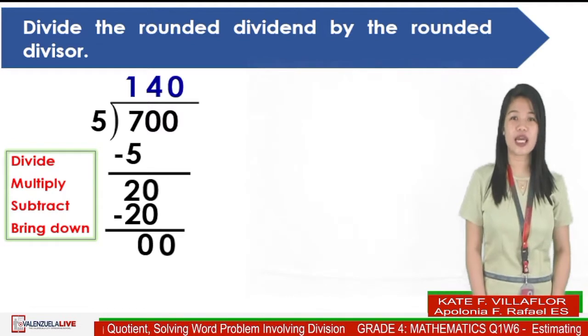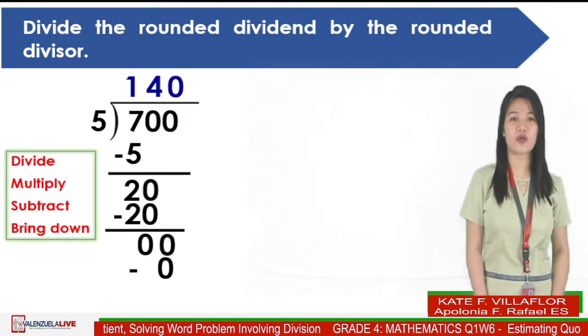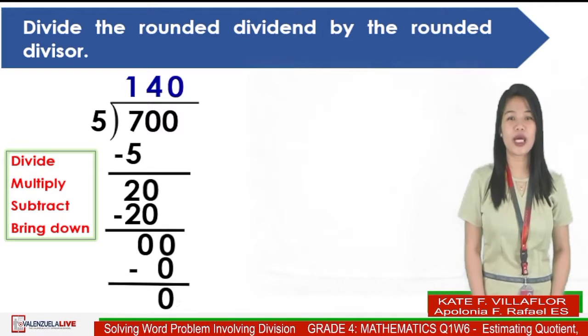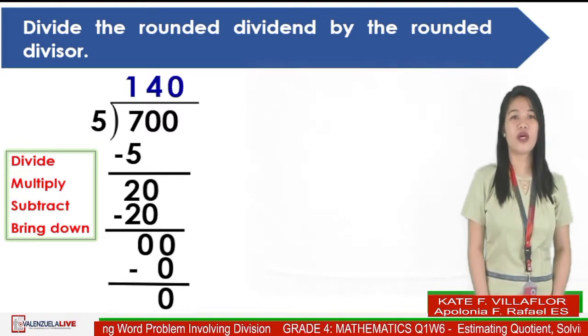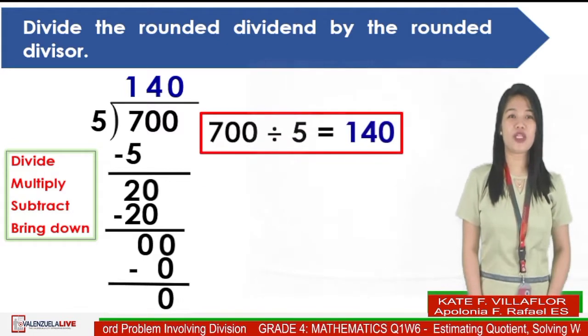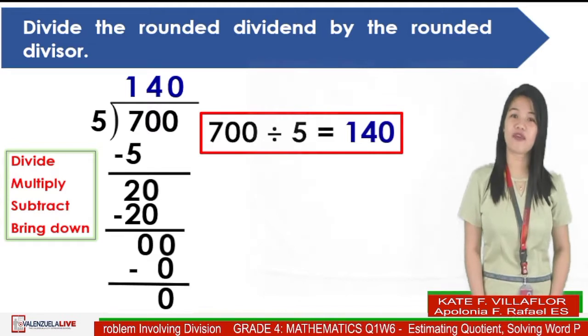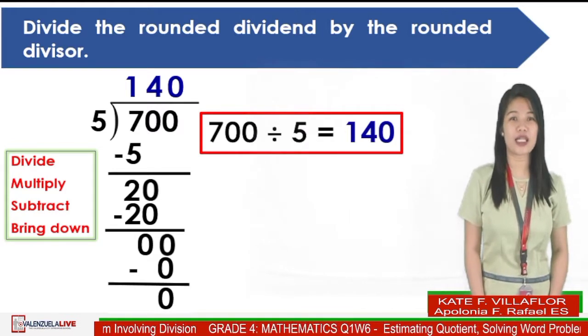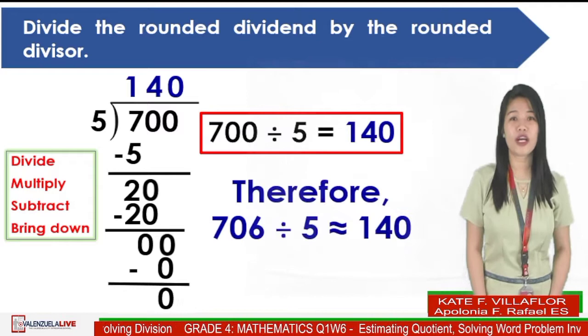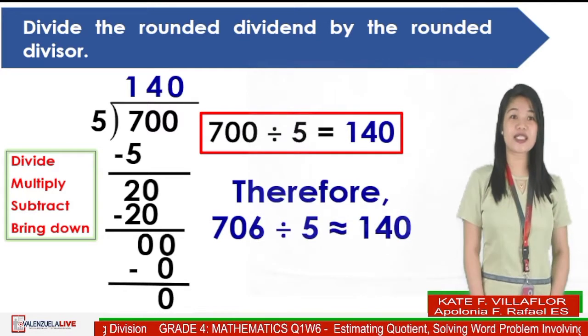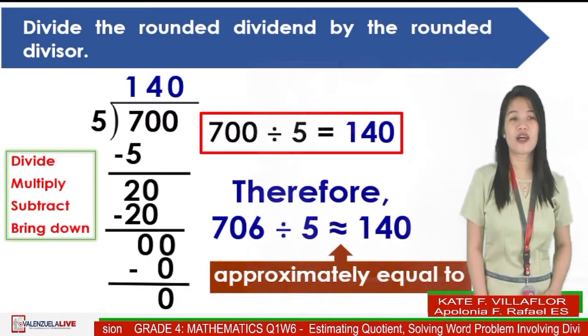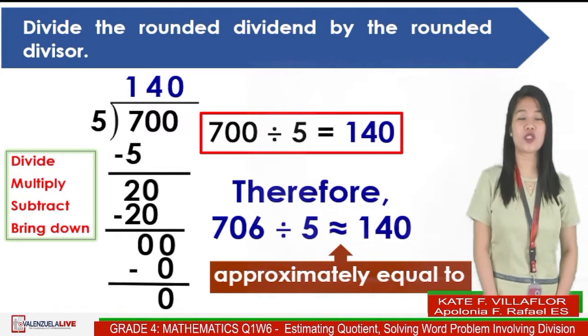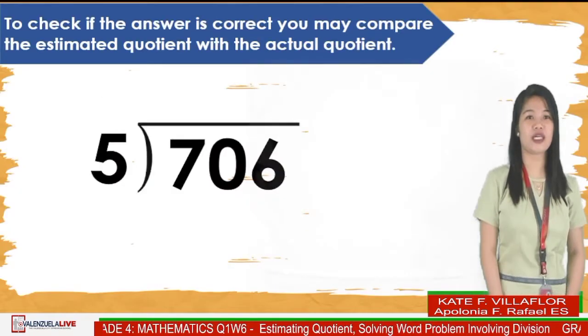Then 0 times 5 is equal to 0. Then subtract. 0 minus 0 is equal to 0. The answer is, 700 divided by 5 is equal to 140. Therefore, 706 divided by 5 is approximately equal to 140.